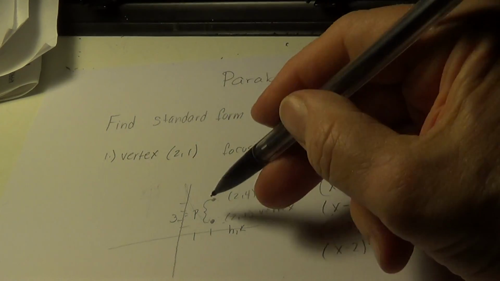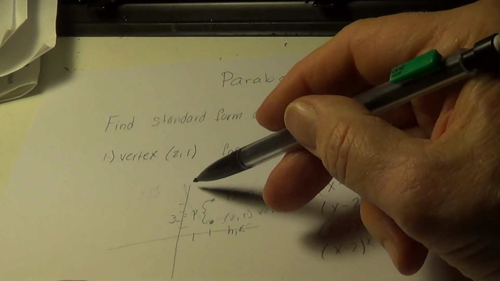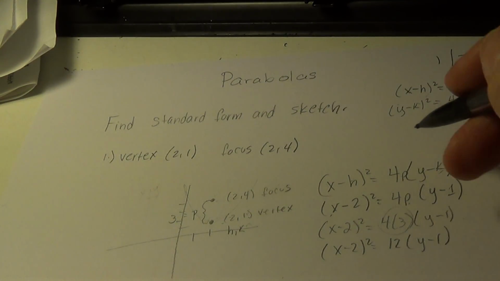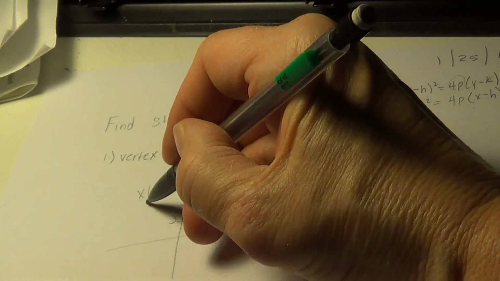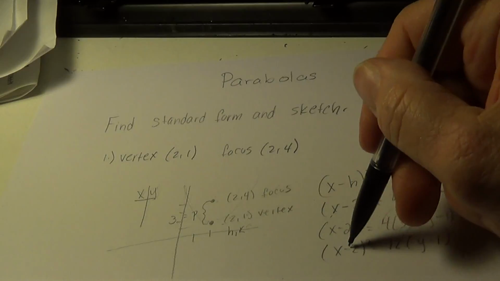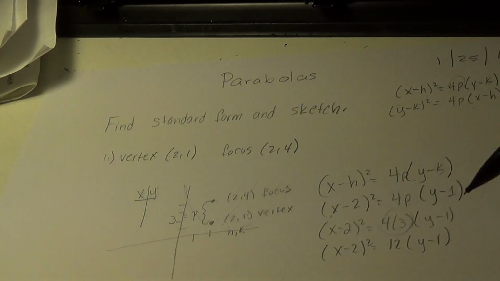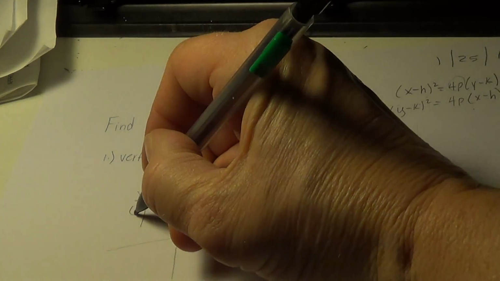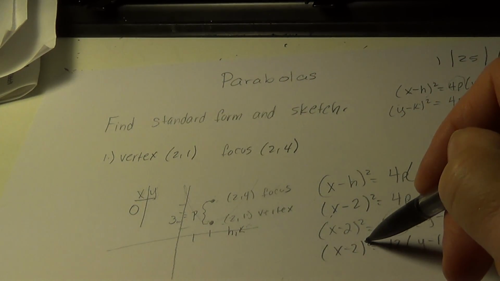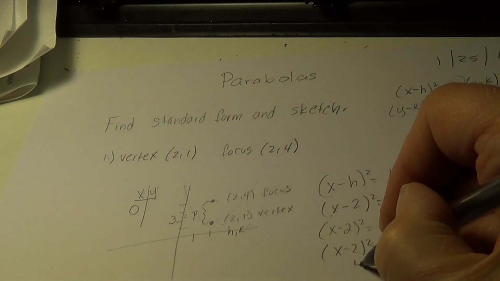I've already put in the focus and the vertex, but I don't know how wide it is, so it's helpful to come up with some XY values. I'm going to put a value into this equation. Say x equals 0. Then I get (0 minus 2) squared, so that's 4.